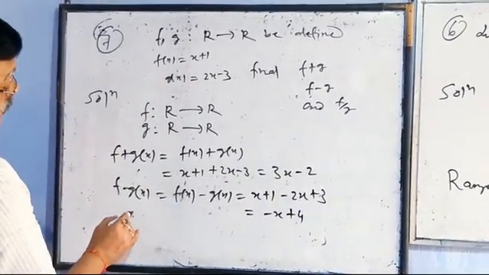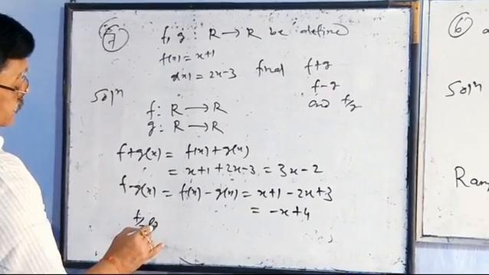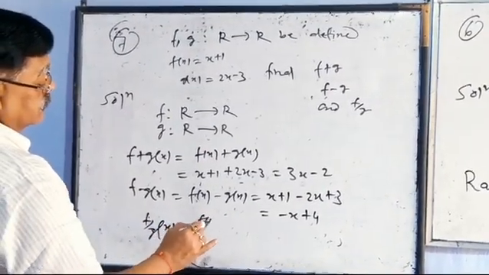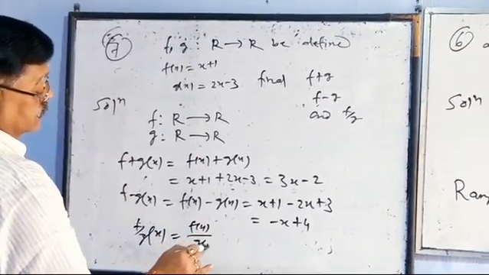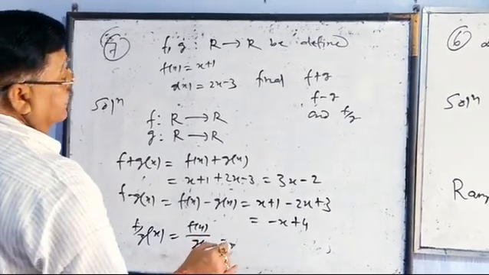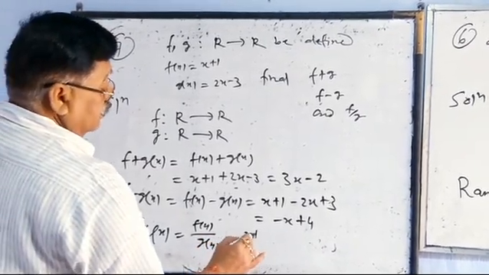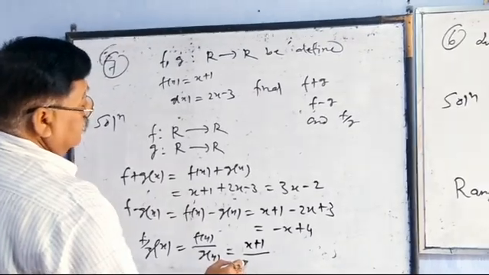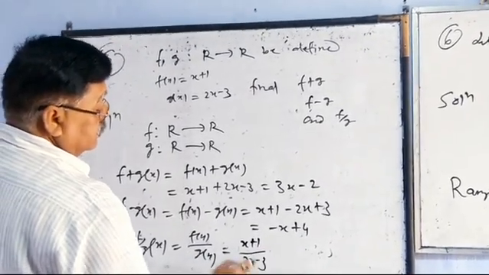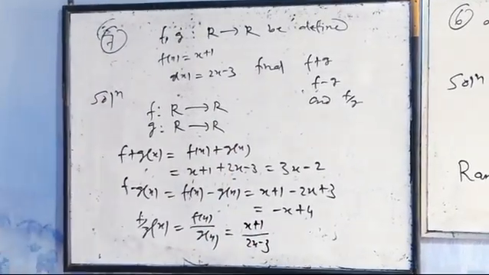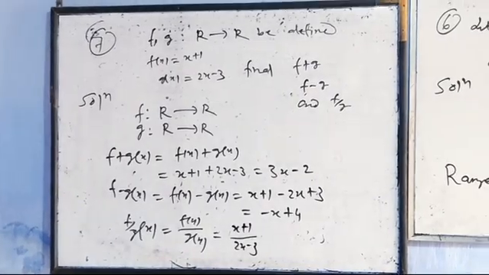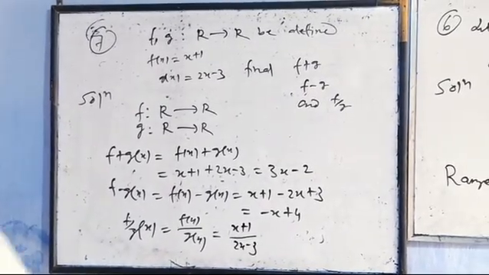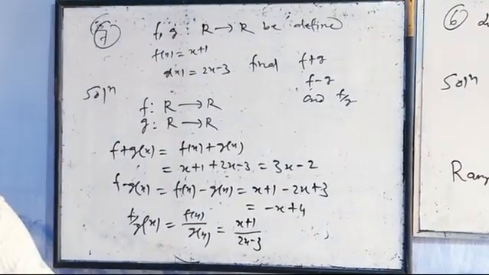And (f/g)(x) is f(x) by g(x), where f(x) is x + 1 and g(x) is 2x - 3. So this is the way of solving related problems of functions.